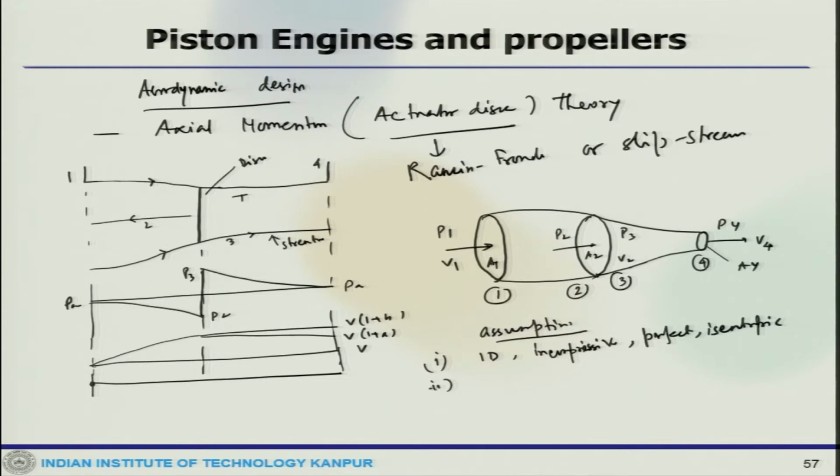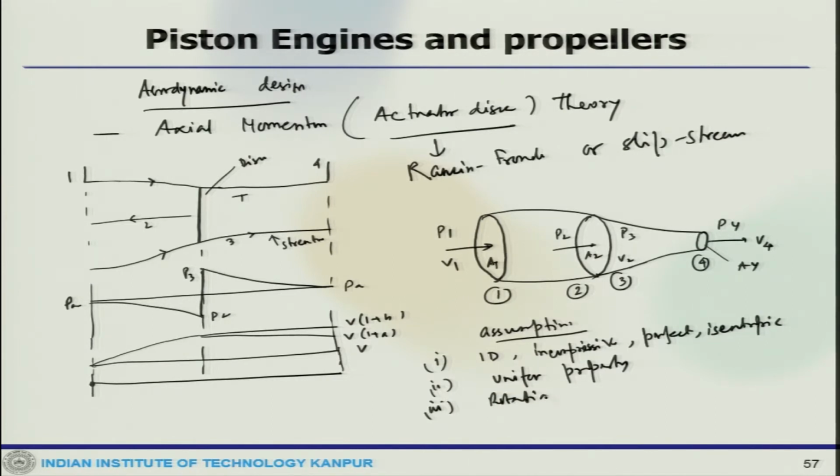Second, flow has uniform properties, that is velocity and pressure, across any plane normal to the flow, except for the discontinuous jump in pressure across the disk itself. So, uniform property, that is another.